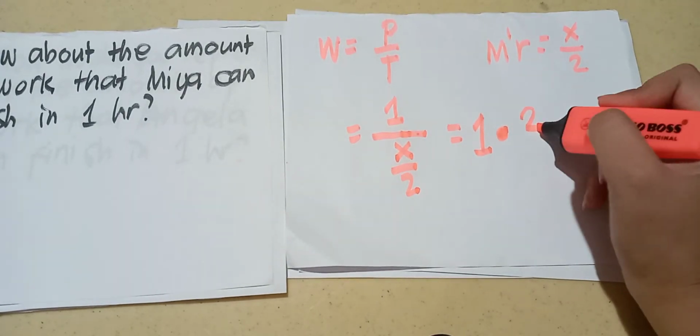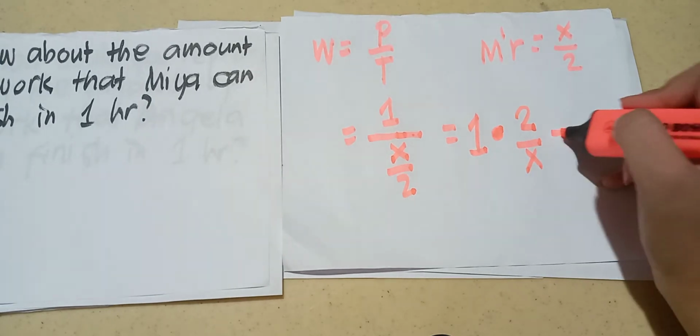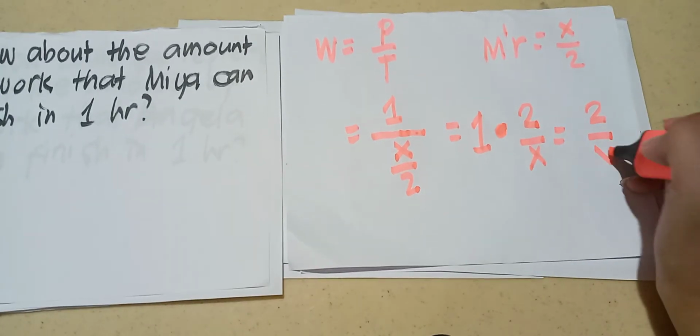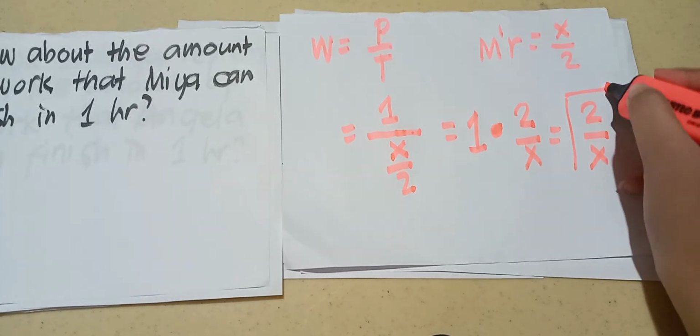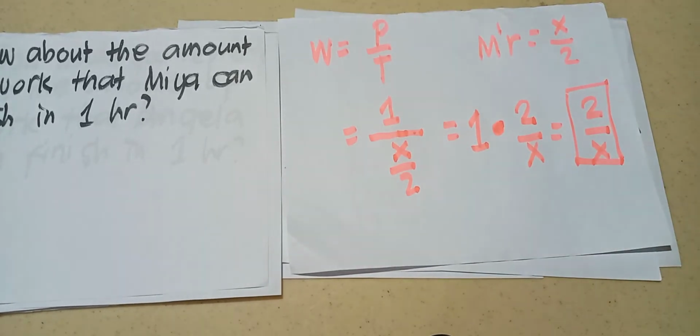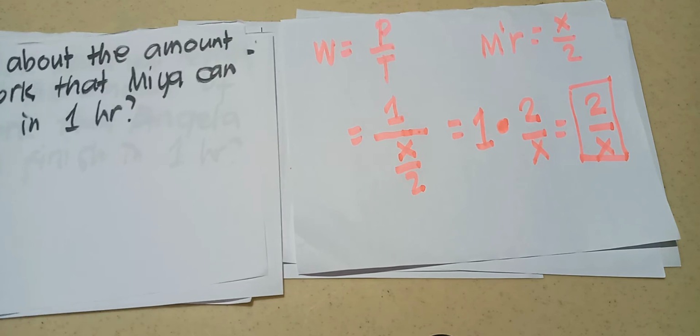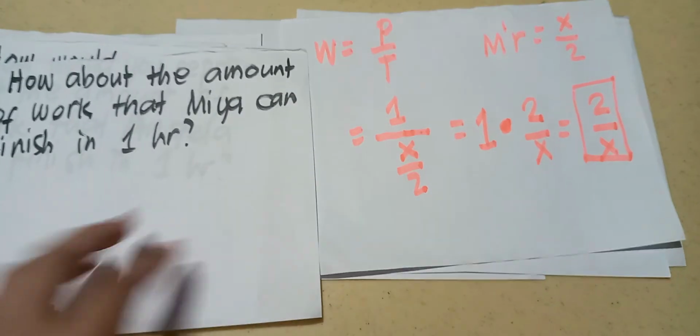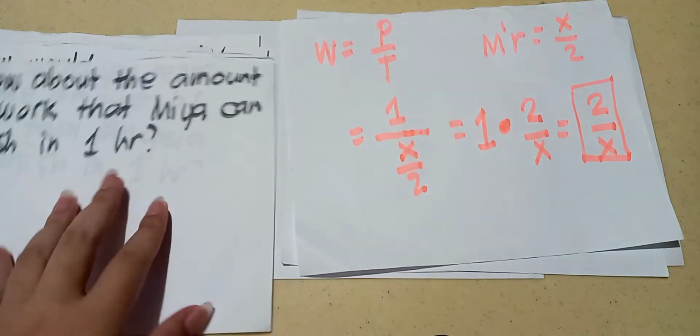So we have 1 times 2 over x. So Mia can finish 2 over x of the work in 1 hour. Okay, that is the answer for our question number 3.